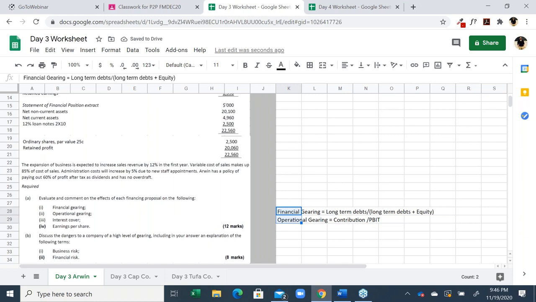These are the two formulas. And for interest coverage, it's PBIT divided by interest, and EPS is profit after tax divided by ordinary shares.